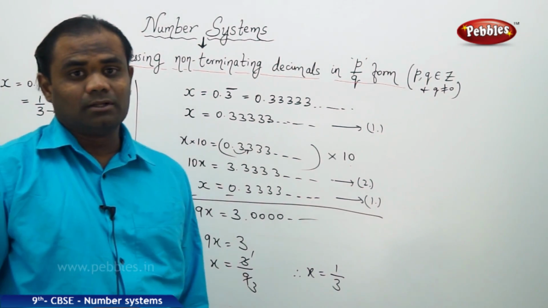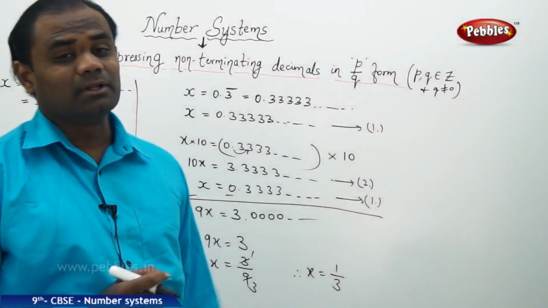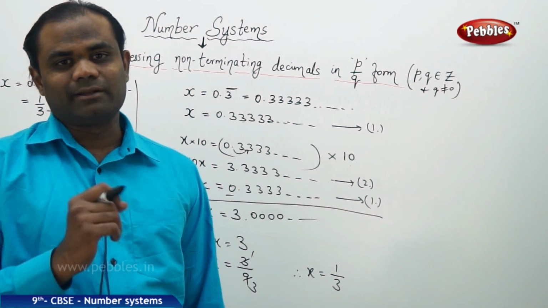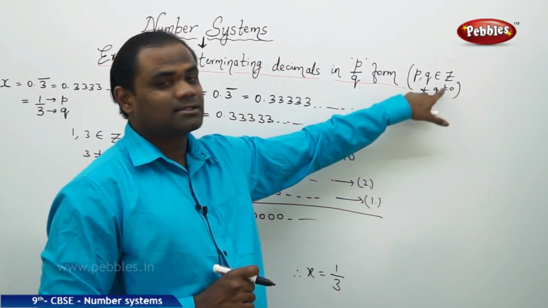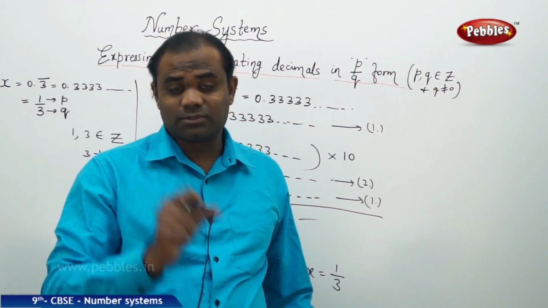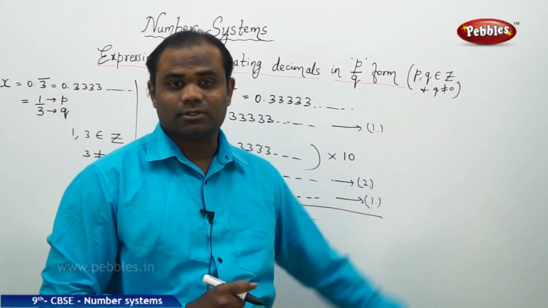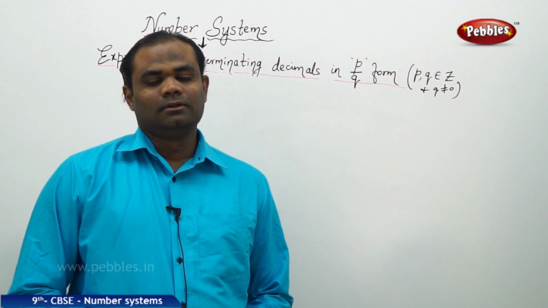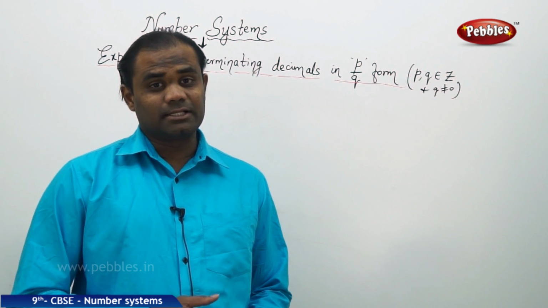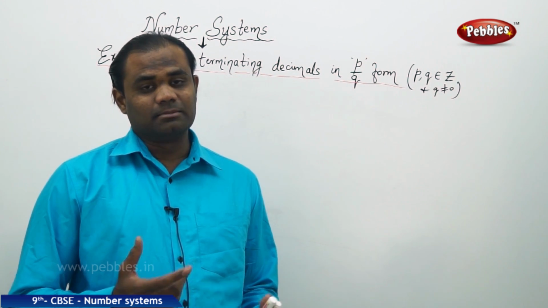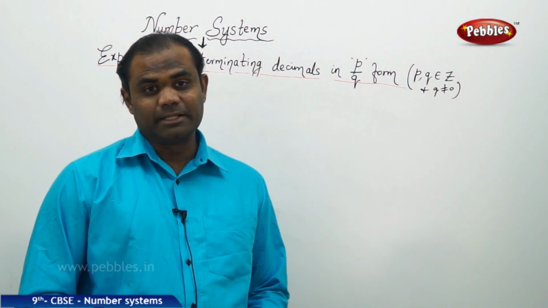Therefore, it is possible that every non-terminating recurring decimal can be expressed in the p by q form, the rational form, with two tests. Test 1, p and q belonging to Z. Test 2, q not equal to 0. Now let's see what if the recurring decimal has two repeating digits.